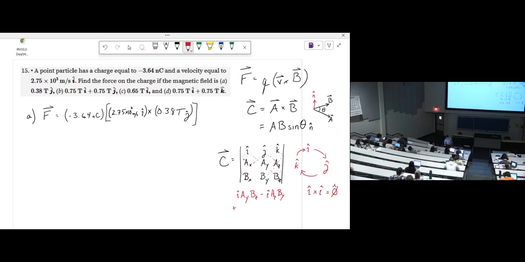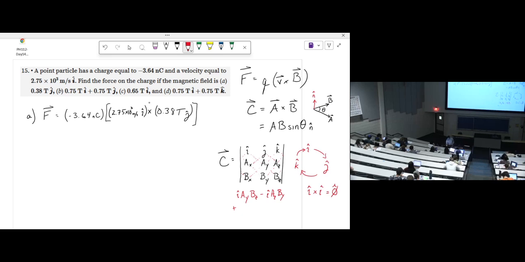If this is a little bit foreign to you, then pull up a video from, say, Khan Academy or 3Blue1Brown explaining the cross product, because we're going to use that over and over and over again going forward through magnetism. So if you need a bit of a refresher, go ahead and take a look at that.